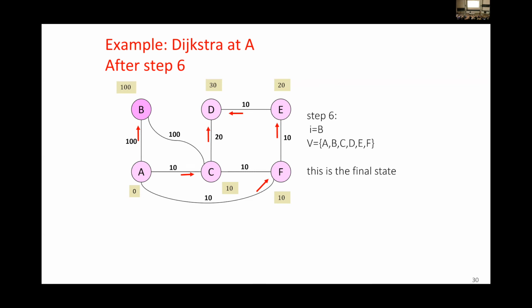That's the final state. I mentioned it's a greedy algorithm because we see that whenever a node is visited, its estimate of the distance doesn't change. Right? So whenever I add B, for example, I don't change any of the values that are already visited. So we visit nodes one after the other, and the value we obtain for those nodes and the predecessors of those nodes that are visited are never changed here. Greedy algorithms are very rare, right?